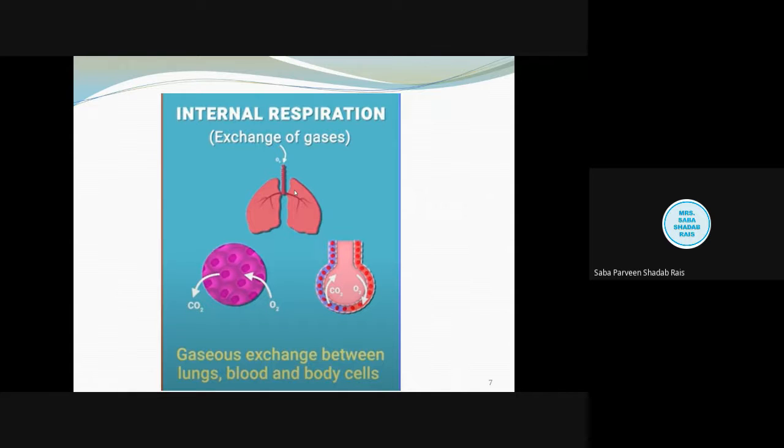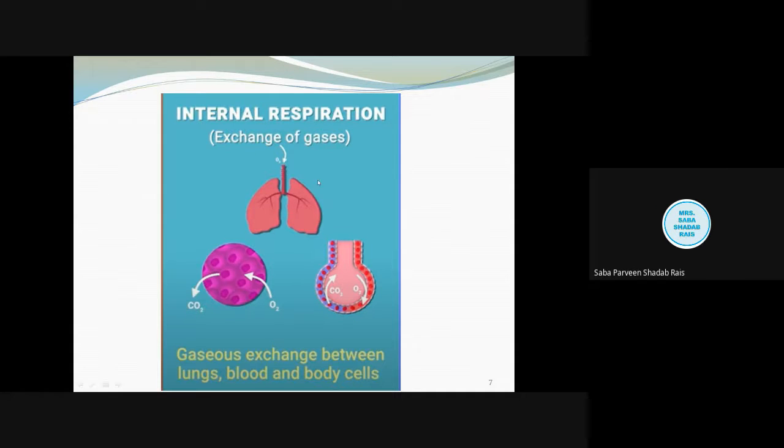So here we will say respiratory organ. For ease of understanding, I have taken lungs here. It may be the gills, or any other respiratory surface. So you have taken the oxygen inside your body, it will pass over to the respiratory surface. It could be your gills, it could be your lungs or anything.